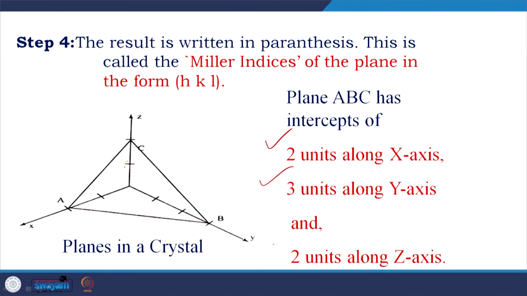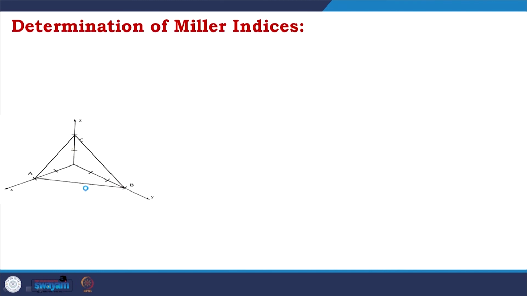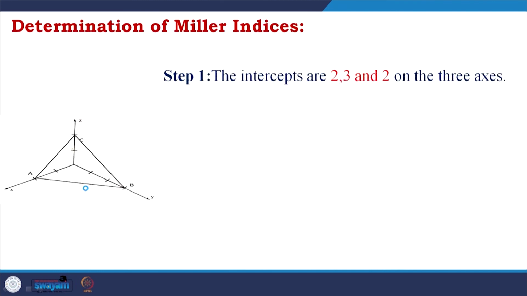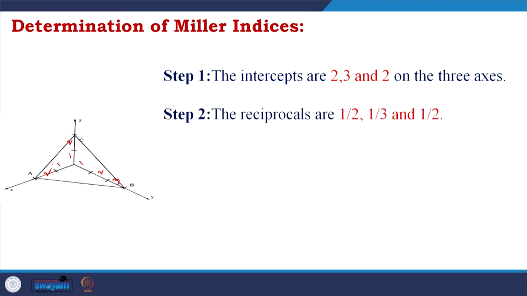If you see 1, 2, 1, 2, 3, 1, 2. So, in that way you could determine. Look at this, these have 1, 2, 3, 1, 2, 1, 2, right. The intercepts are 2, 3, 2 on the 3 axes.